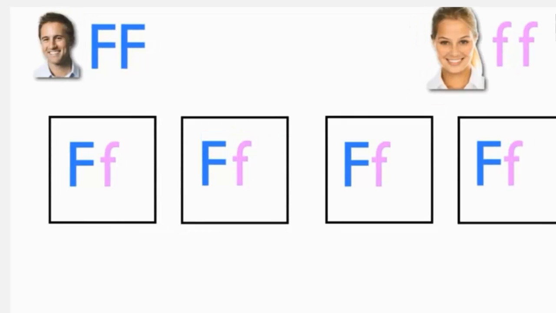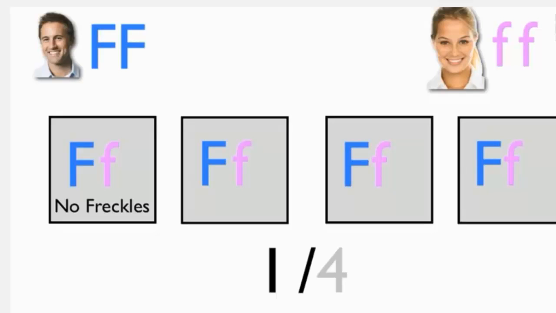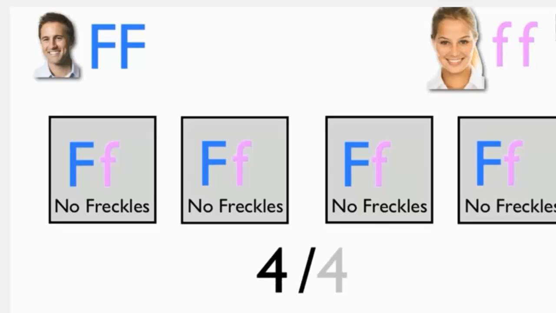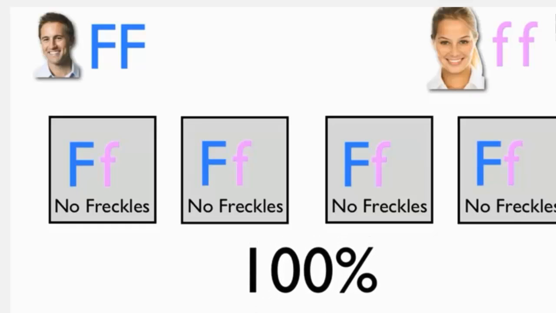If we take a look at all possible combinations, 1, 2, 3, and 4, we see that out of the 4, 1, 2, 3, and 4 inherited the trait for not having freckles. This means 100% of the time these parents reproduce, our baby will not have freckles.